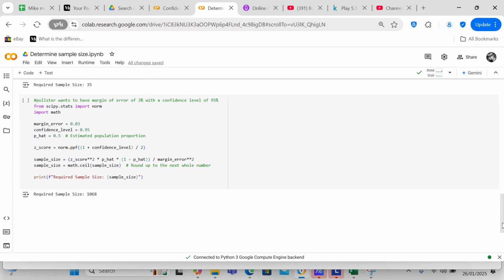Z-score is norm.ppf, brackets 1 plus confidence level divided by 2. And your sample size is Z-score raised to the power of 2, so that's squared, times p hat times 1 minus p hat, divided by margin of error squared.